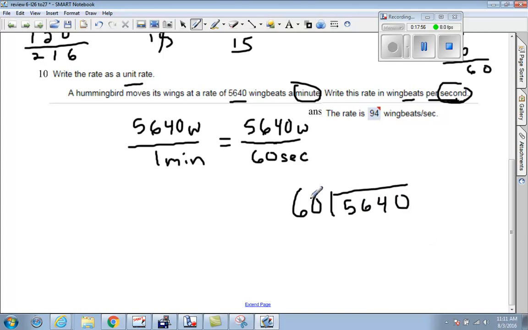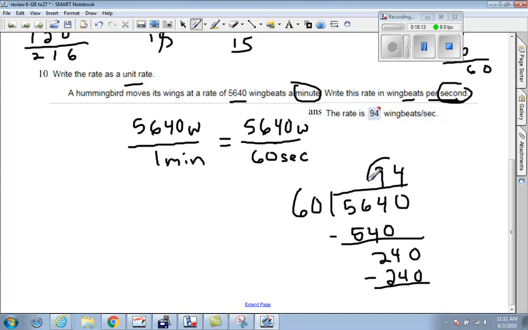Of course, we have the answer there. 60 into 564 goes about 9 times. Draw the line and subtract. And 60 into 240 goes 4 times perfectly. And voila, 94. So long story short, 60 goes into itself once, and 60 goes into 5640 94 times.